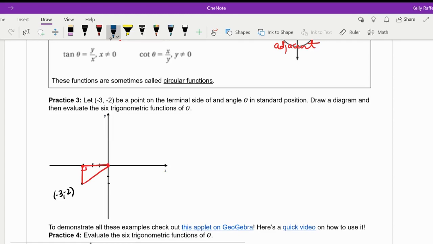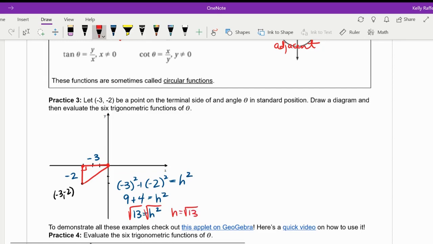I went -3 in the x direction, -2 in the y direction, and we can find our hypotenuse. Now, if you're using your calculator, you need parentheses. When you square a negative number, it should work out to be positive. So we get 13 equals hypotenuse squared. When we take a square root, our hypotenuse is √13.